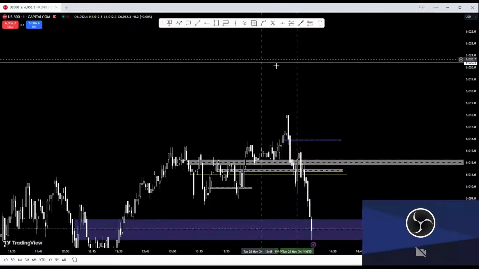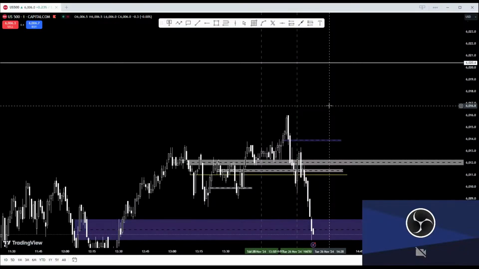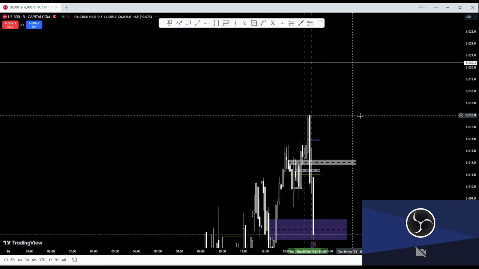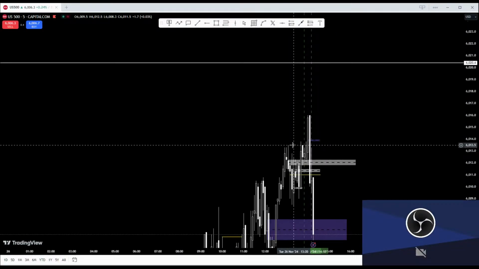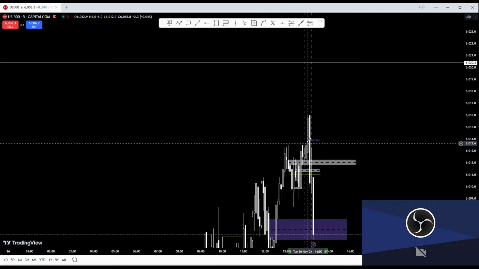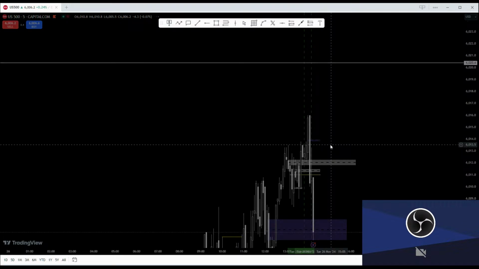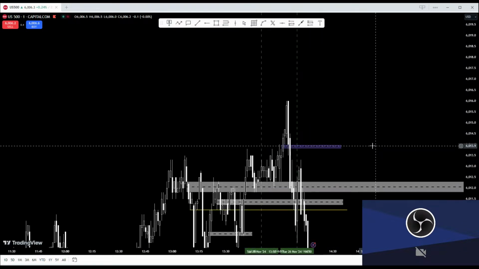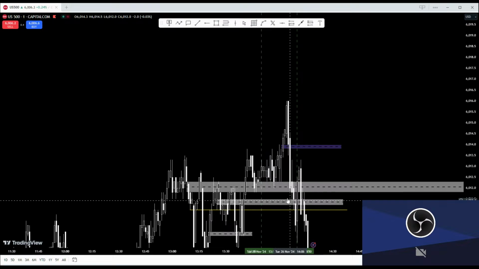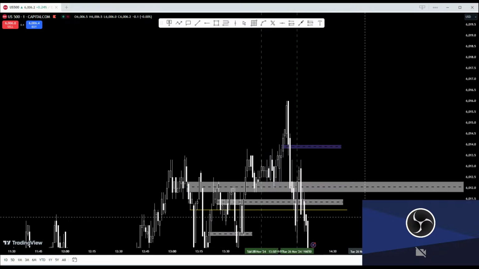Remember, I was talking about this high here, and there'd been a point on the 5 minute where I saw this because this down close candle was marked out, and when price came back to it, then even on the 1 minute, I was saying, say somewhere down here.